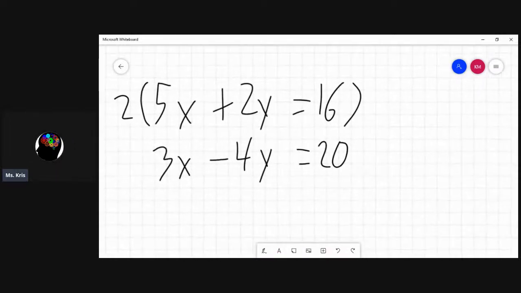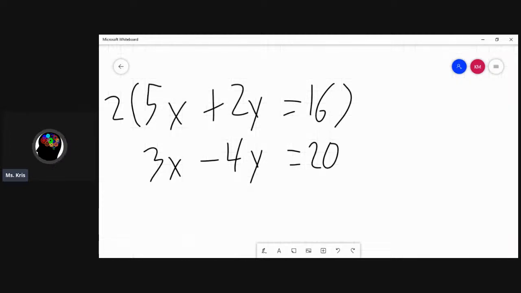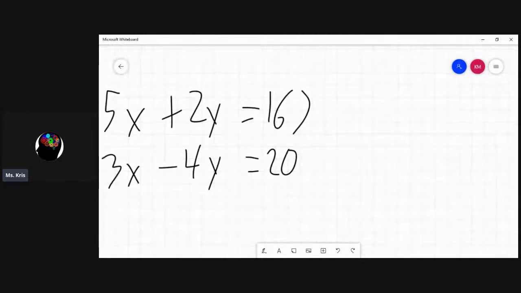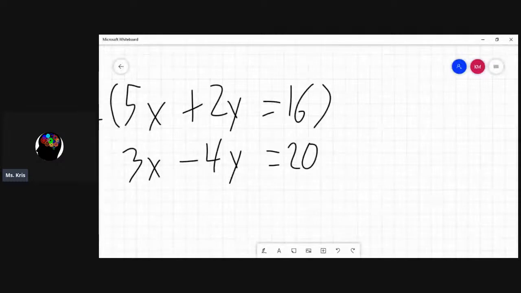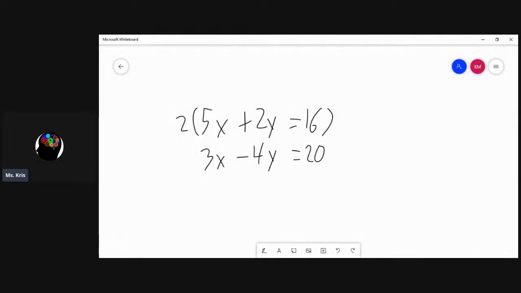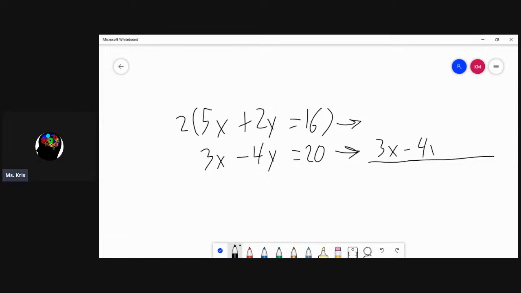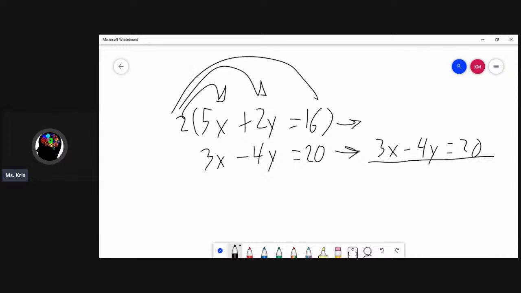So now, once I have multiplied everything, because everything must be multiplied by 2.